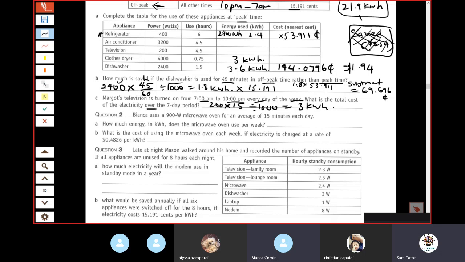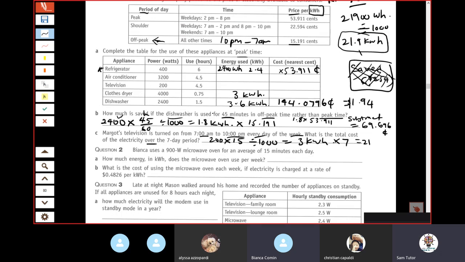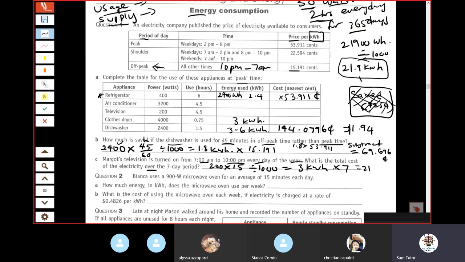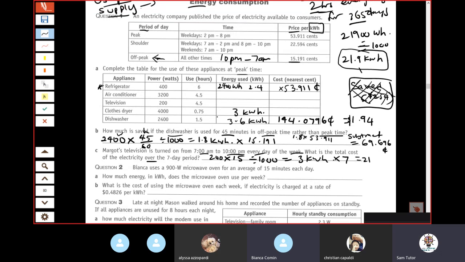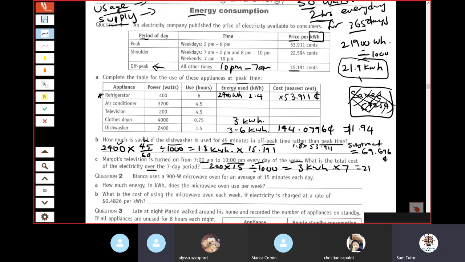And then she's doing it for every day, so times by 7 days. That's 21. And then what's the total cost from 7 a.m. to 10 p.m.? No, I stuffed it up. They didn't give me enough working out, so I didn't think I had to do that.